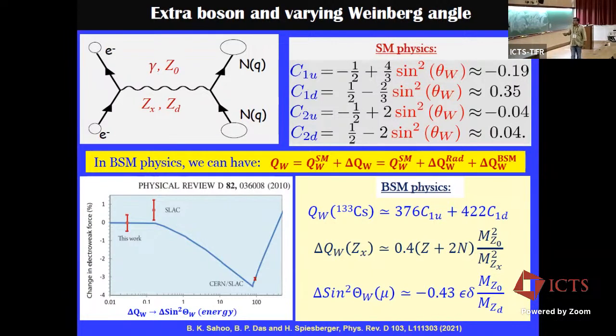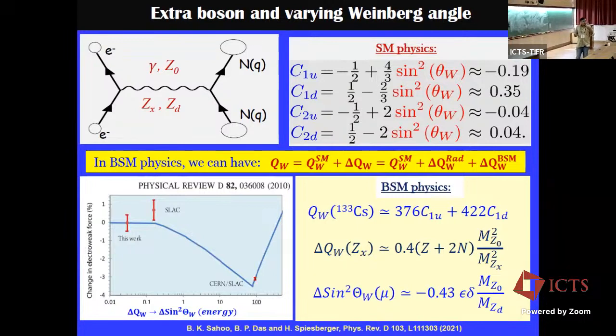But if you want to extract this value using atomic studies or molecular studies, that will be a model independent quantity. That quantity you compare with the standard model value that is predicted, and if they agree, you can say that the standard model is okay. If you see some deviation, then from that deviation you can find some signature about the existence of physics beyond the standard model of particle physics. That deviation can be expressed as the mass of some extra Z boson.